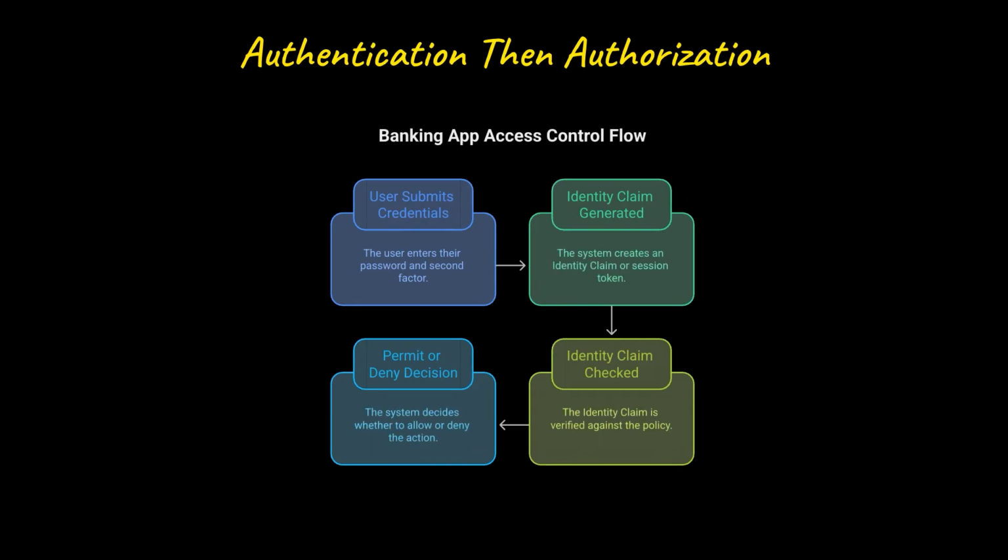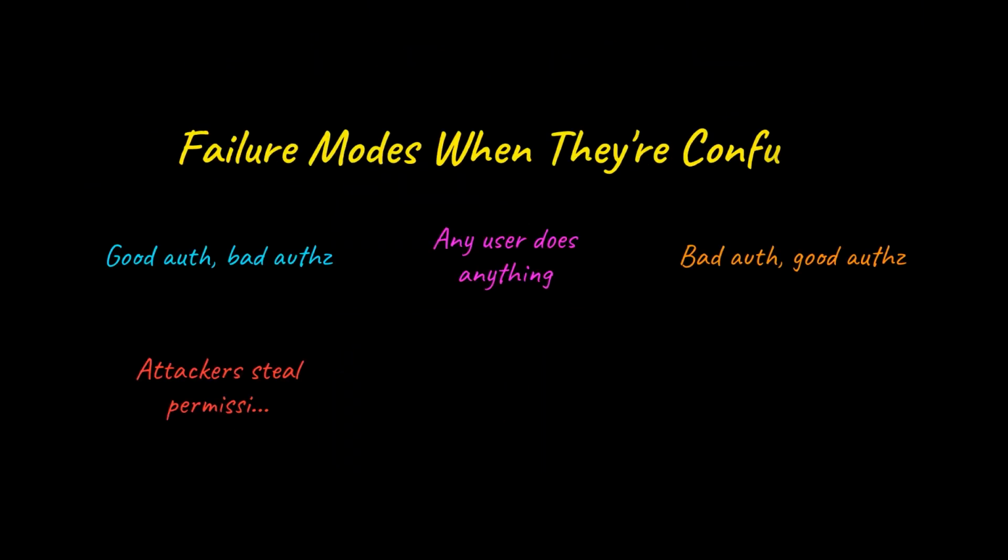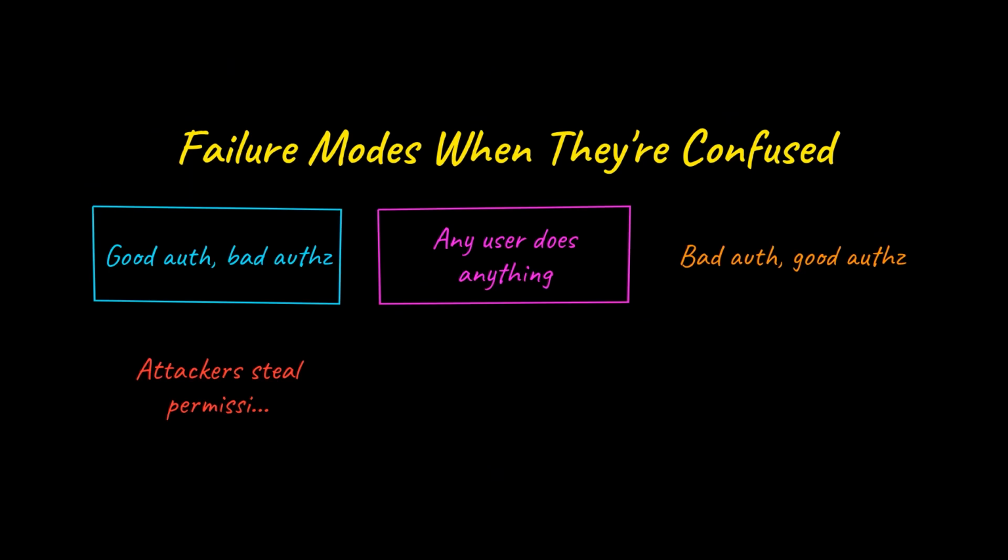Mechanically, authentication produces a trustworthy identity claim, often a session token. Authorization then consumes that claim and applies a policy to produce a permit or deny decision for the specific operation being attempted. The failure modes are predictable. Strong authentication with weak authorization lets any logged-in user perform restricted actions.